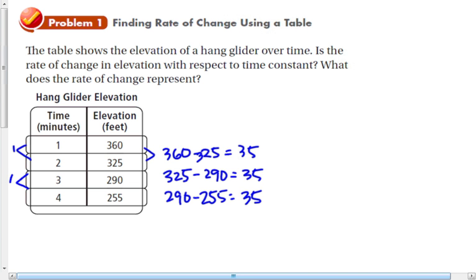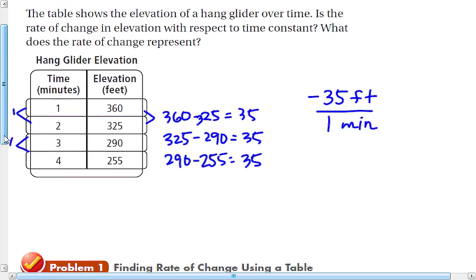It's going down at a constant rate of 35 feet per minute. Since it's going down, we're going to represent this as a negative. So we're going to say negative 35 feet per 1 minute. That's our rate. All right, you try that.